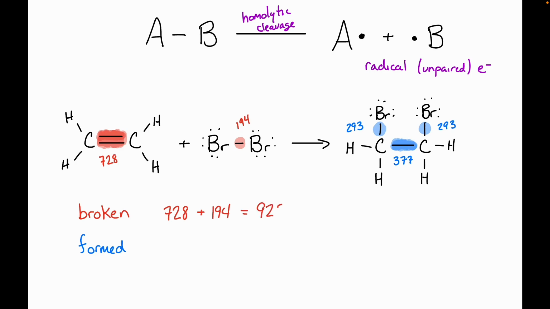I need to put in 922 kilojoules to break those, to break a mole of them. Okay, and then my 377 plus my 293s give me 963.